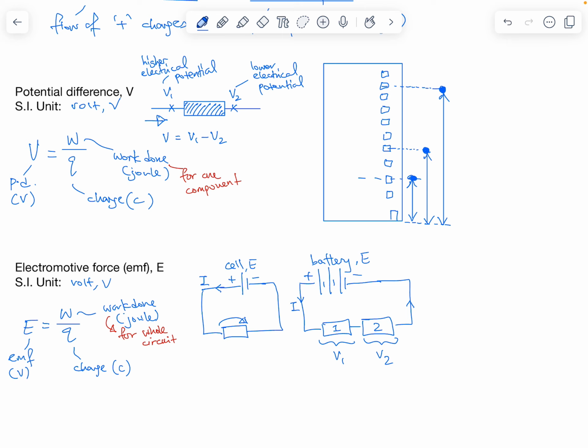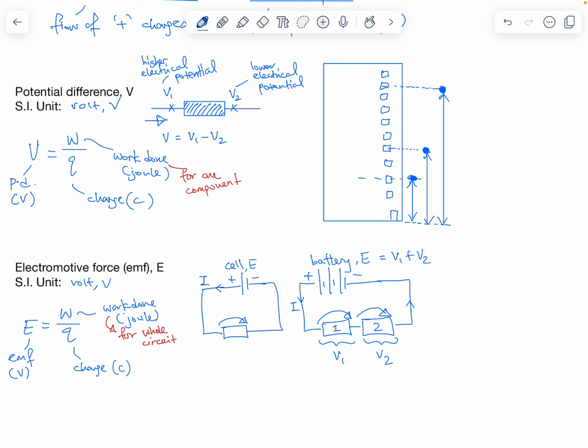So V1 is the work done to bring a unit charge from the left side of component 1 to the right side of component 1. V2 is the same, but it's the work done in bringing a unit charge from the left side of component 2 to the right side of component 2. Okay, so this is V1 and V2, but E is responsible to bring the unit charge across the whole circuit, so it is actually V1 plus V2. Got it?